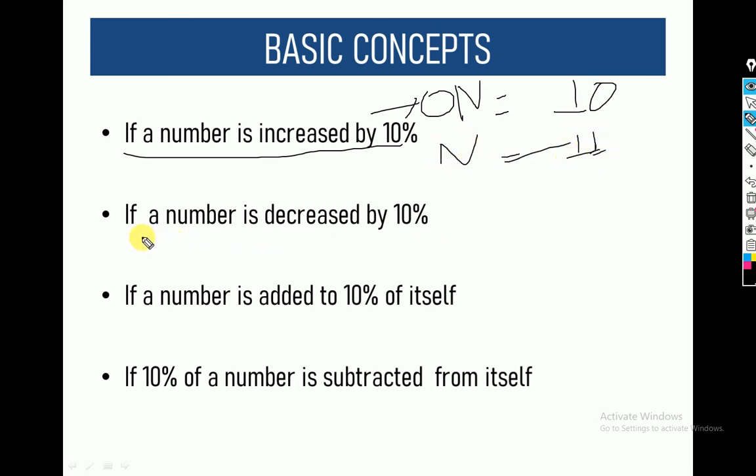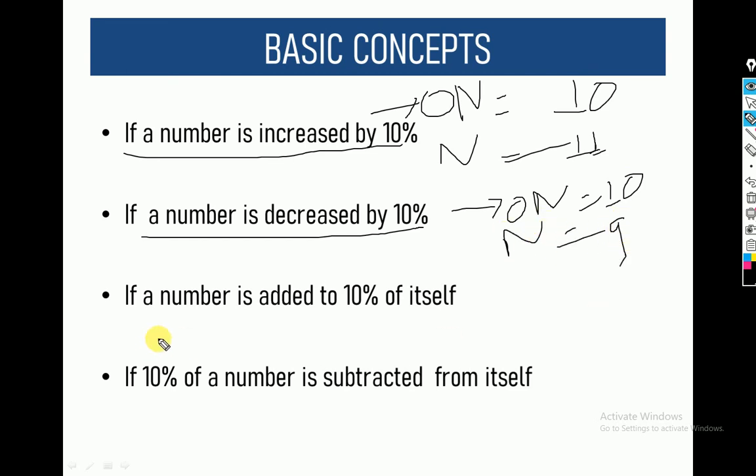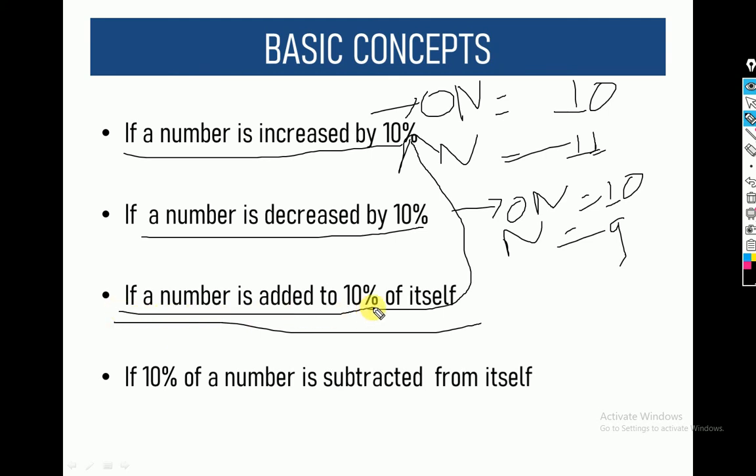Similarly, if a number is decreased by 10%, the original number will be 10 and the new number will be 9. Now it says if a number is added to 10% of itself. Okay, so this is similar to this. Just because there is a change in language doesn't mean that the concept is any different.